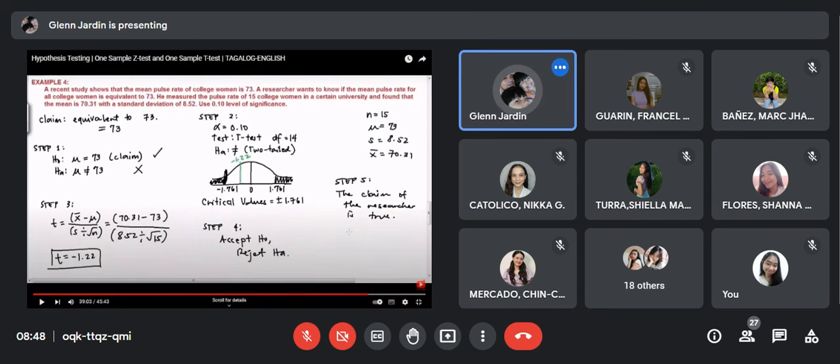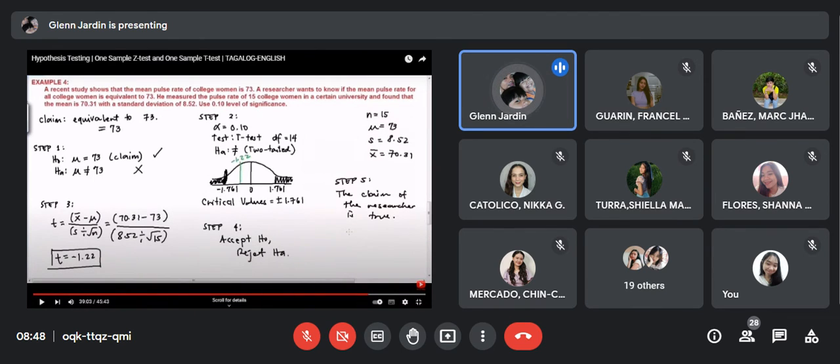So if you've seen the words more than or less than, it indicates a one-tailed test, class. Pag nakita yung equal to or equivalent to, sometimes it is more on the two-tailed test, okay? Kasi pag nag one-tailed ka, either you claim it is less than or greater than.